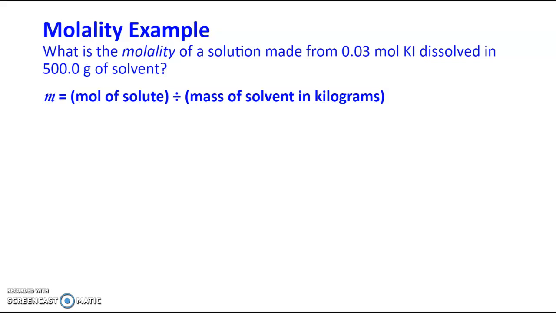So we'll have to take our 500 grams into kilograms. We can do that by just dividing by 1,000. So that means we have 0.5 kilograms of solvent. So we can plug in our numbers. Molality equals 0.03 moles divided by 0.5 kilograms, which gives us 0.06 molal potassium iodide.